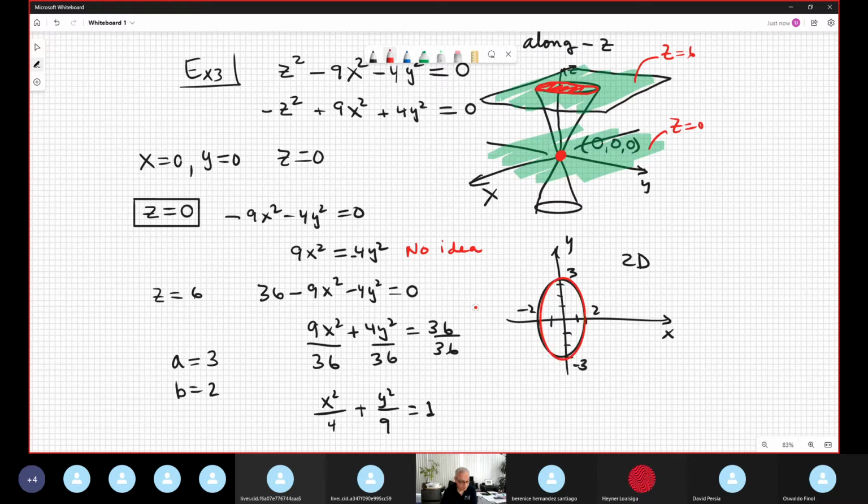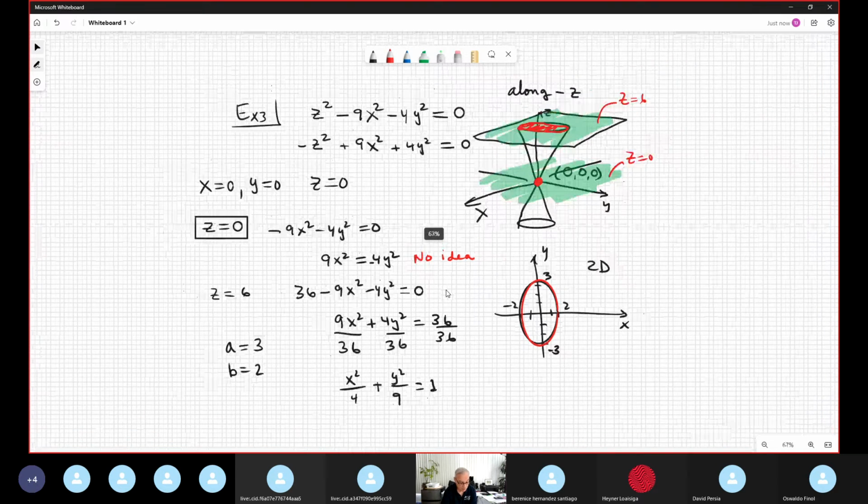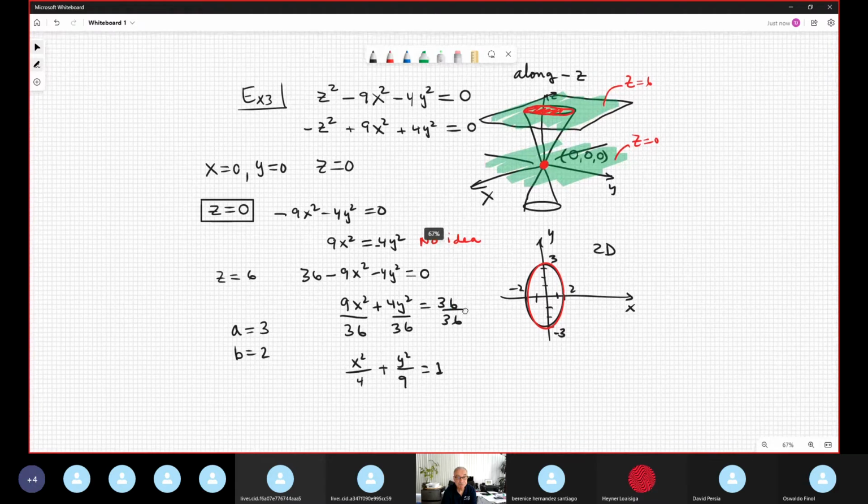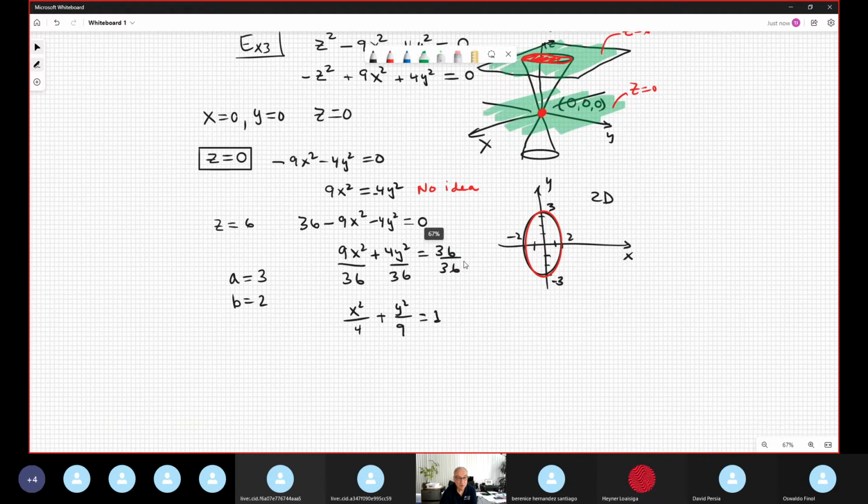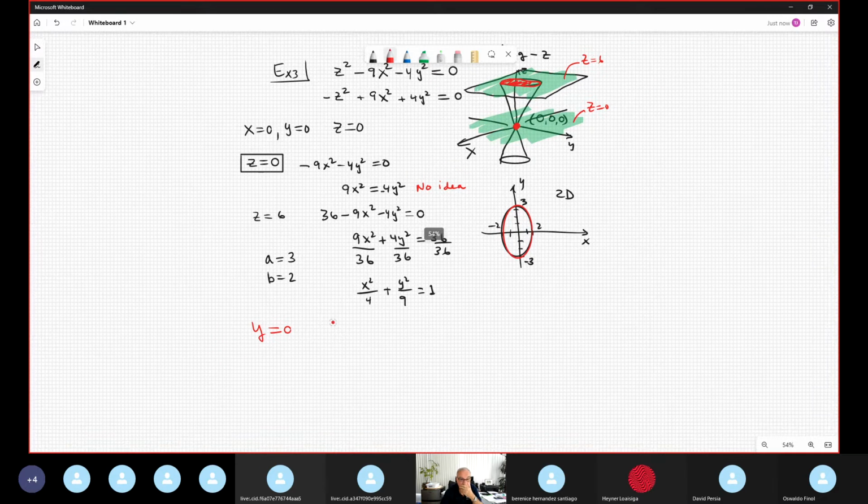Okay, not bad. Now I apply another trace, for example, for y equals 0. Plugging in y equals 0 in the original equation, we have z squared minus 9x squared equals 0.